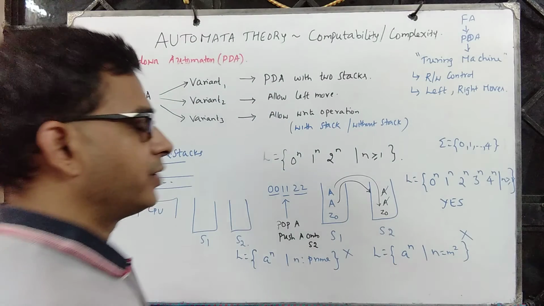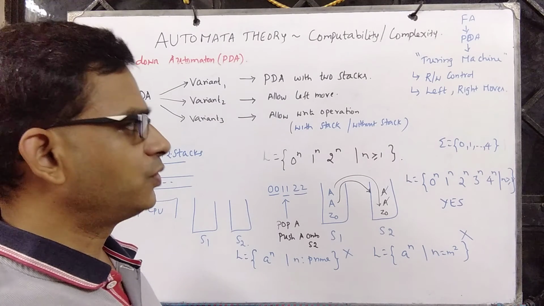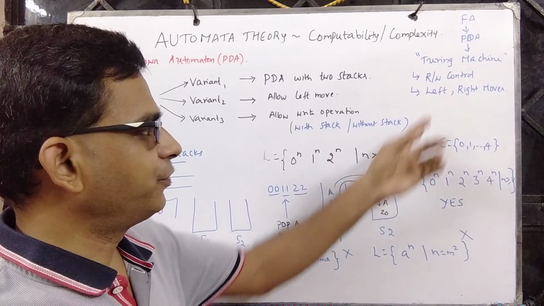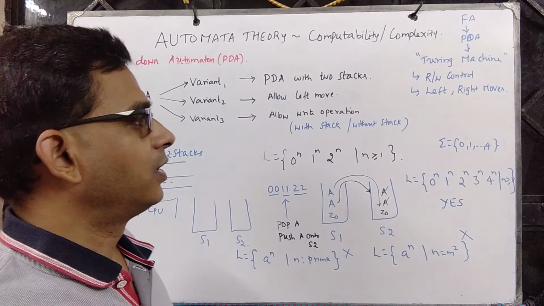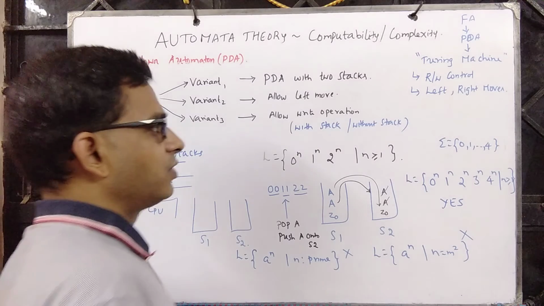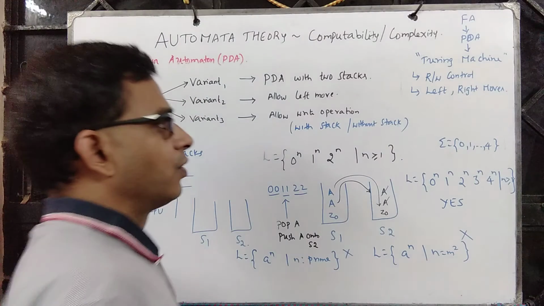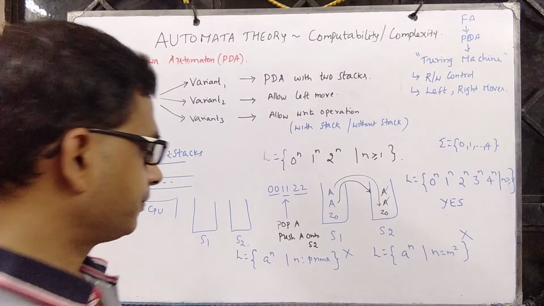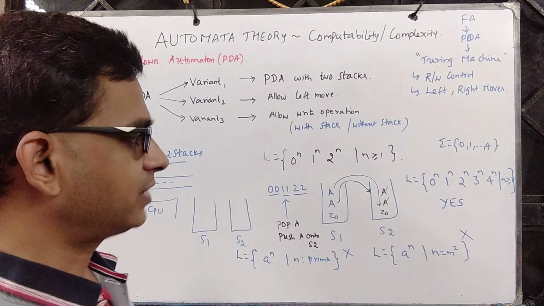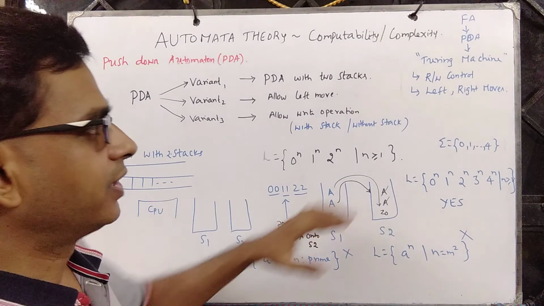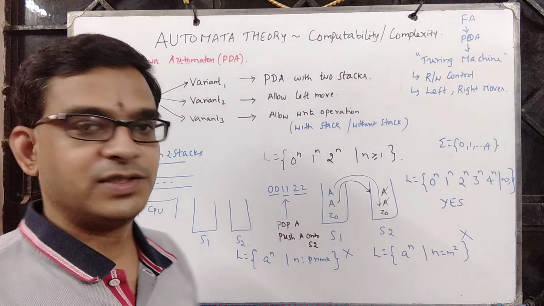So we allow the control to move left as well as right. There is no additional storage, because if you want to write something on the tape itself, one can write. So that's all the machine has got. And with this, let's see what the machine can do. Languages like this, that this machine cannot accept, even the modified one, can Turing machine accept? Okay, which we shall see next.